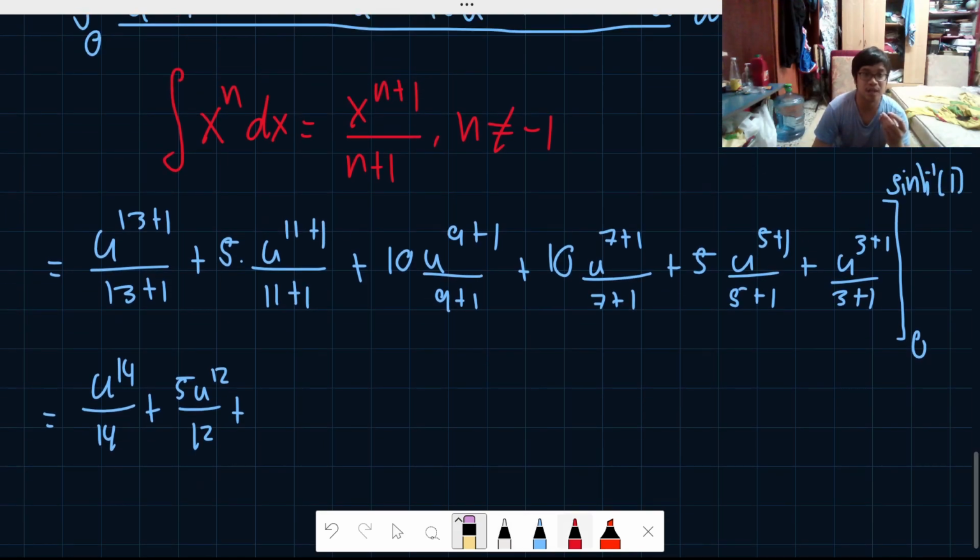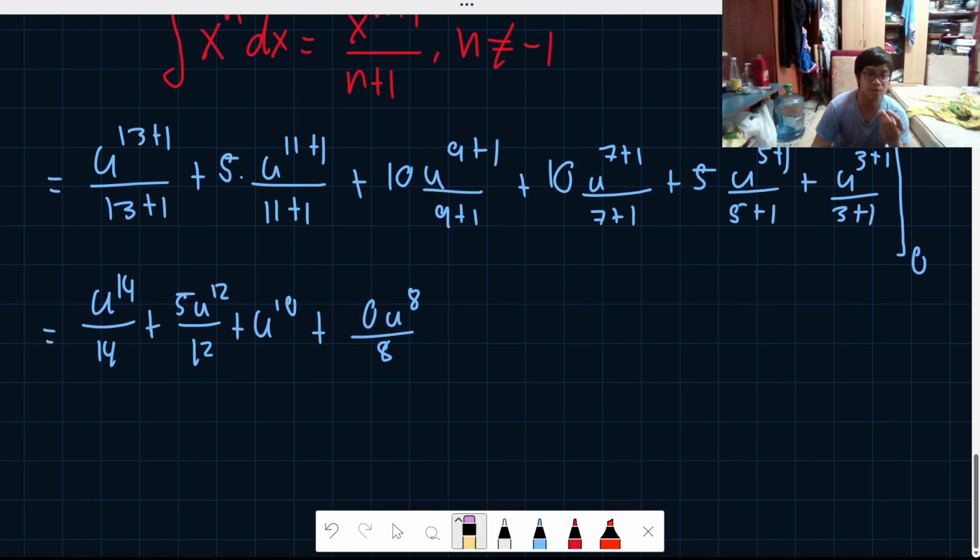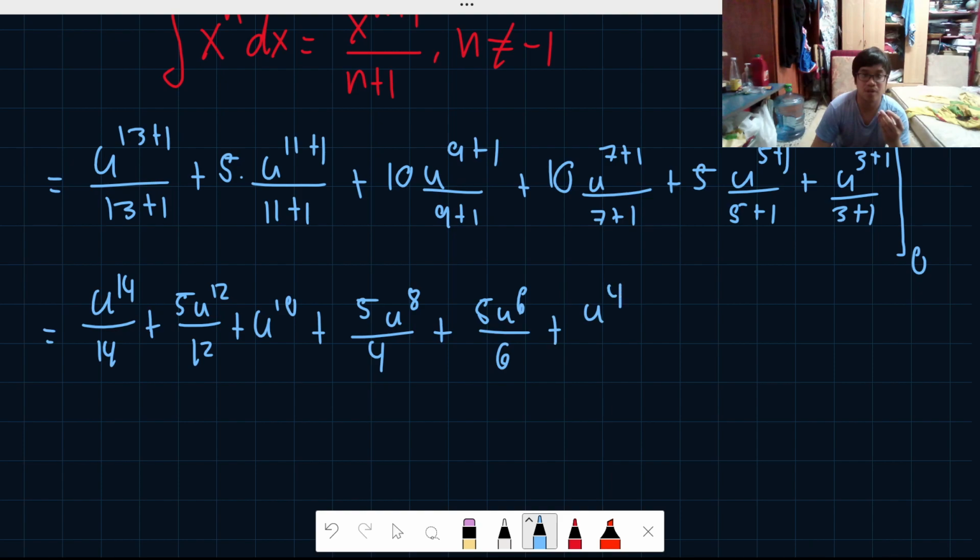Plus here, we will have 10 times u raised to 8 all over 8. But remember, 10 and 8 are both divisible by 2. So 10 divided by 2 is 5, and 8 divided by 2 is 4. So 5 all over 4. All right. Then plus, here we have 5u raised to 6 all over 6. And lastly, u raised to 4 all over 4. That's it.